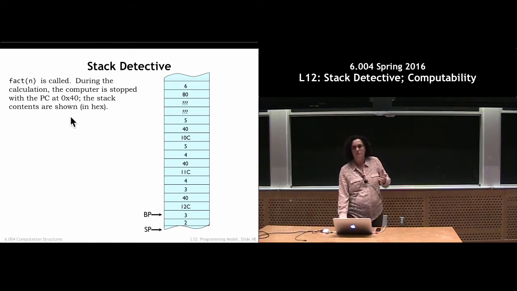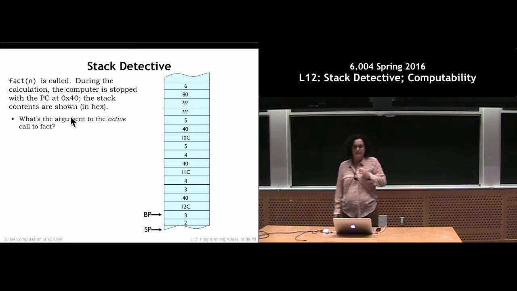So I'd want to be able to come in here and identify different portions of my stack trace. So for starters, if I was asked, what's the argument in the current or active call to factorial? How would you go about doing that?